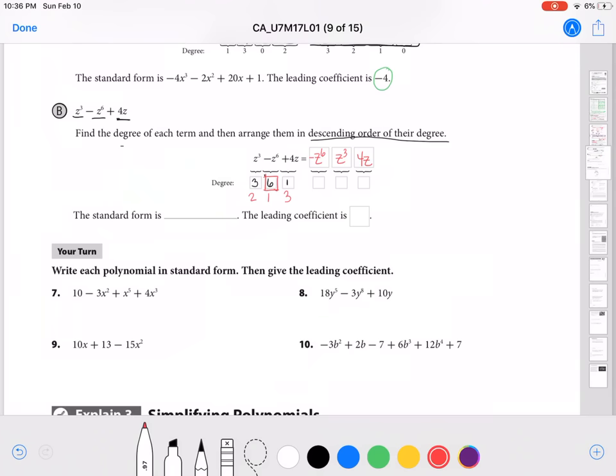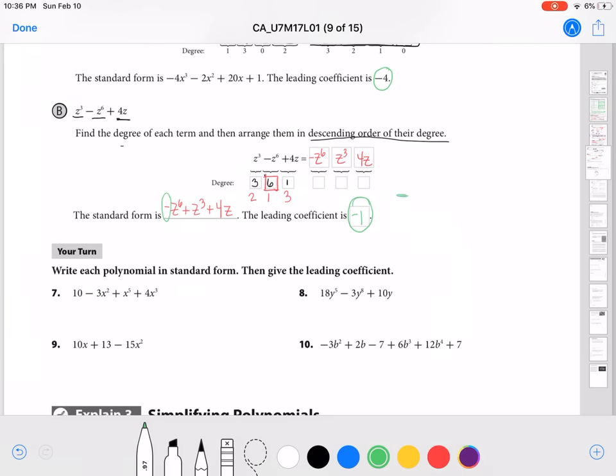The standard form is going to be negative z to the 6th plus z cubed plus 4z. The leading coefficient is going to be negative 1.